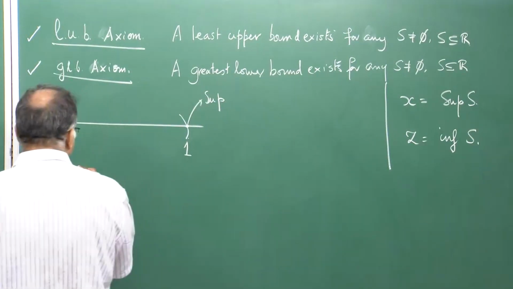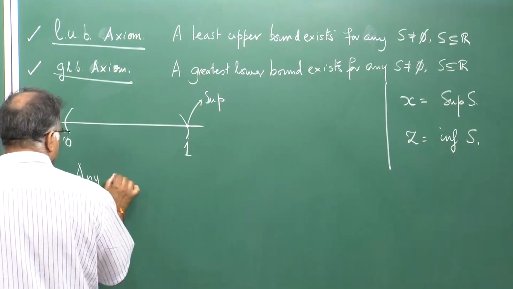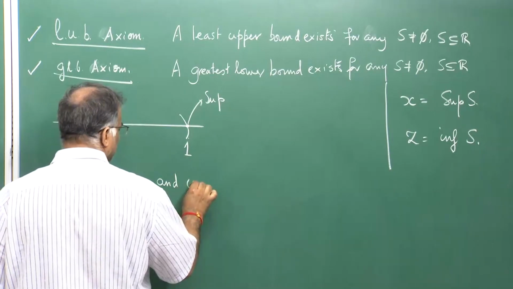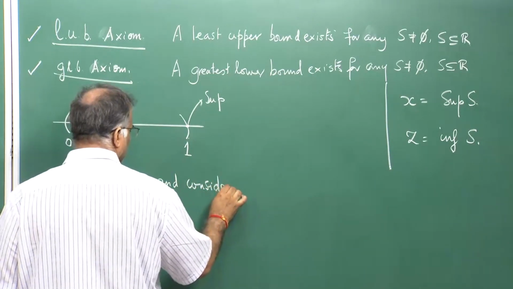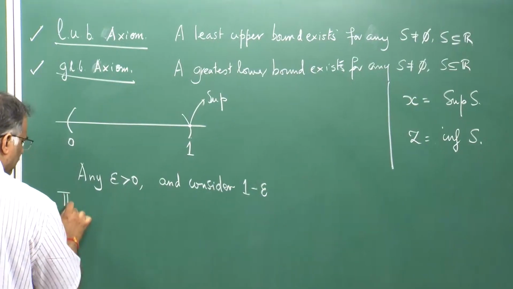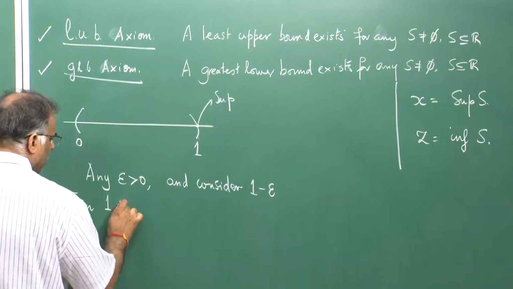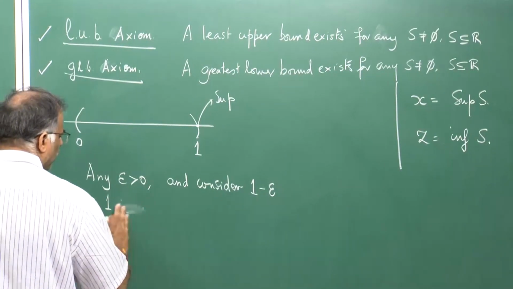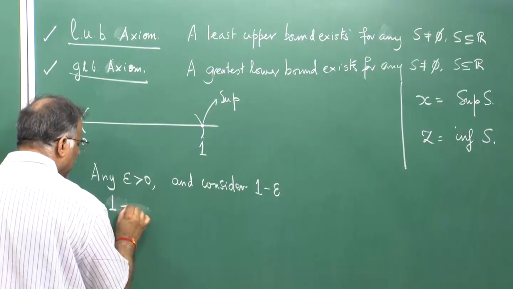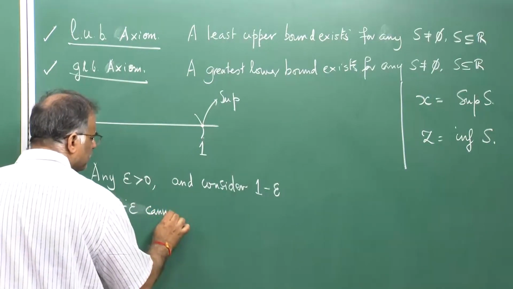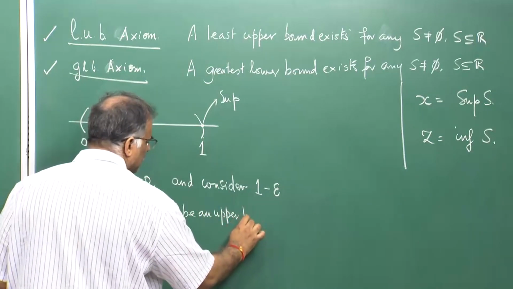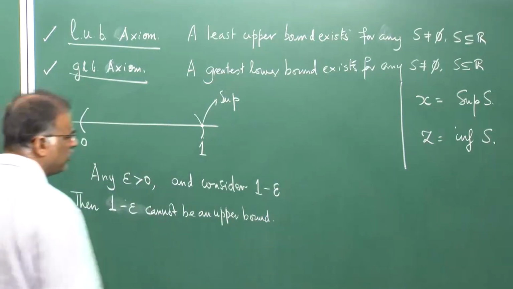So, if I take any epsilon greater than 0, no matter how small, and consider 1 minus epsilon, then 1 is an upper bound. So, if 1 is an upper bound, and I consider 1 minus epsilon, then 1 minus epsilon cannot be an upper bound.